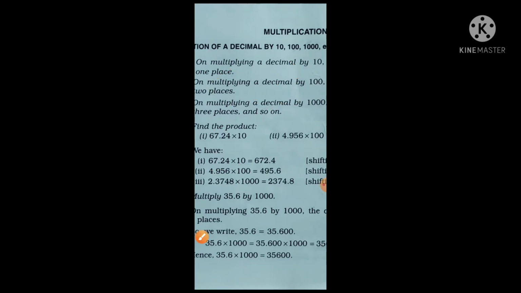In the same way we will do it when we multiply by 100 or 1000. See, 4.956 multiplied by 100. So first we will write only 4956. Where was the decimal? It was here. Now we will move it towards the right side two places, because in 100 there are two zeros.